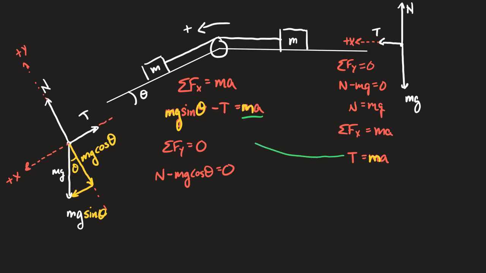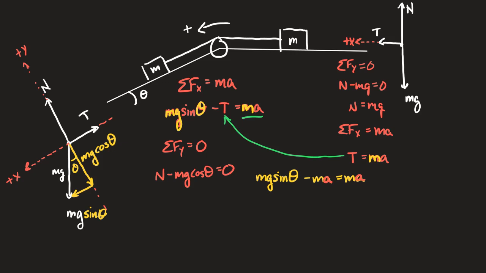So I'm going to substitute. Actually, I probably wouldn't. I'd probably do a different method, but for you guys, I'm going to substitute. So when I do, I get mg sine theta minus ma equals ma. I now have an expression with just one variable that I'm not allowed to have in my answer, a. And I was asked to find a in terms of the other variables that can be in my answer. So I'm going to isolate a.